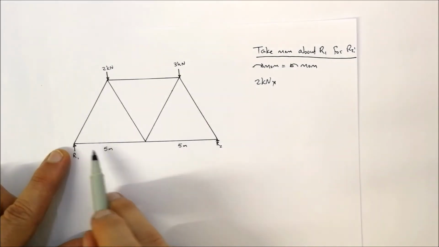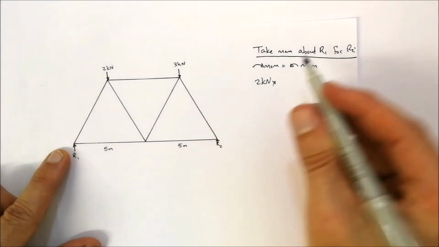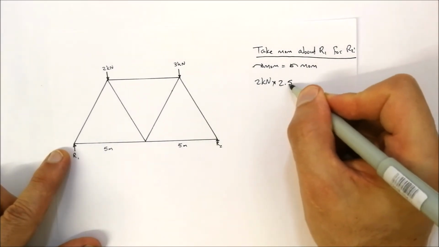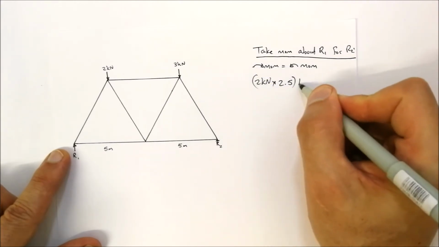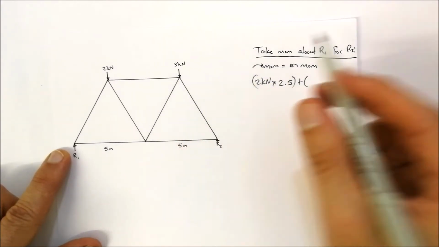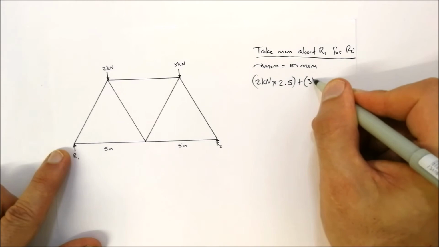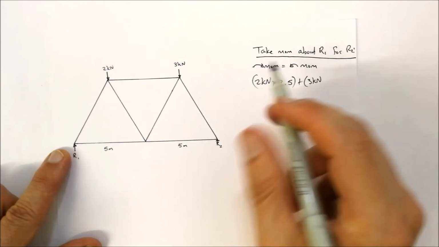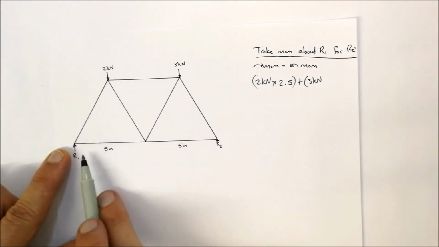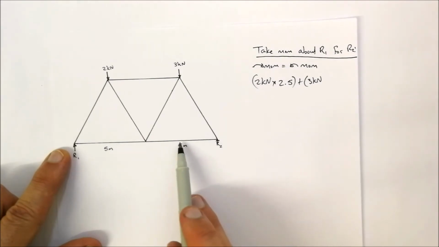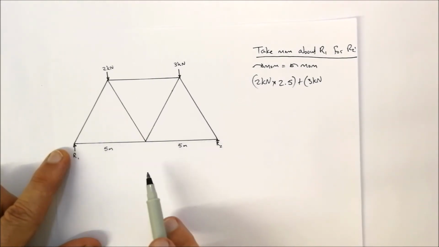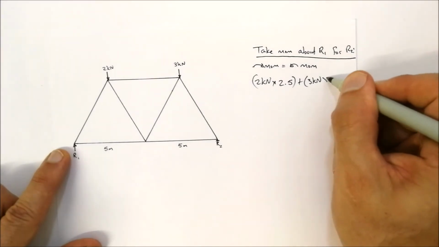Multiply that by a distance of 2.5 meters, plus the 3 kilonewtons, and we're going to multiply that by, so if this 3 kilonewtons is in the middle of 2.5, that would be 2.5 plus another 5, that would be 7.5 meters.